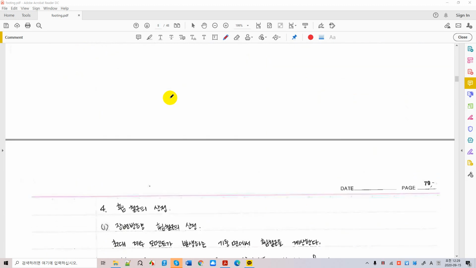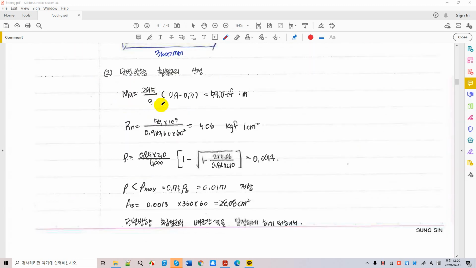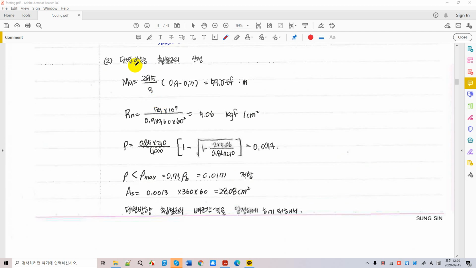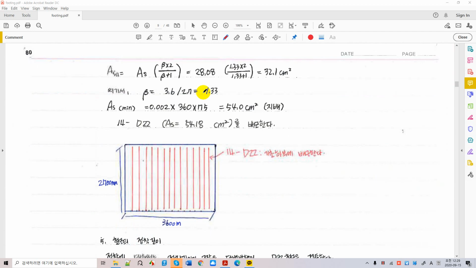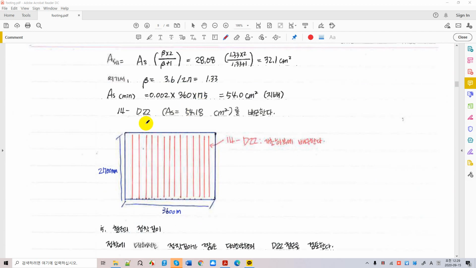Okay, I think that is the easiest thing to do to calculate bending moment diagrams in the other direction. Okay. So you're doing the same thing and find out the rebar that is 14 bars at 22 diameters, right?